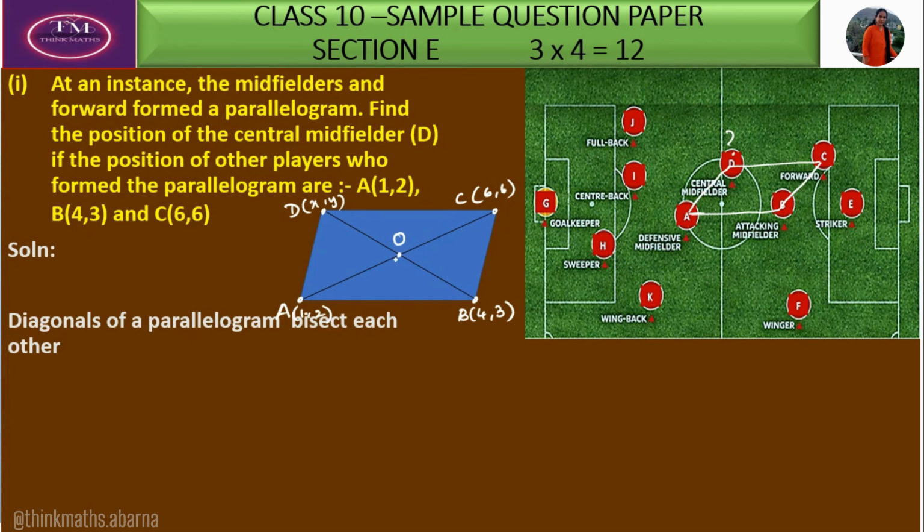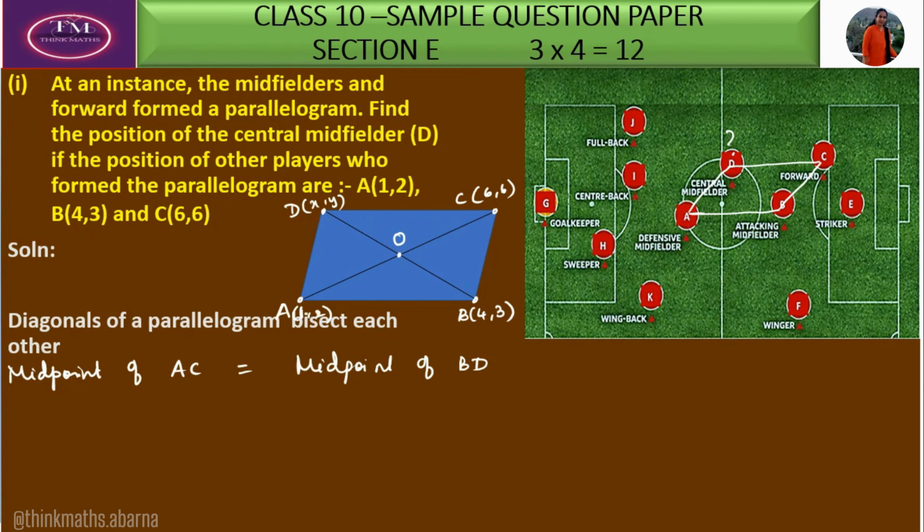This midpoint will be same for AC as well as for BD. So midpoint of AC and midpoint of BD will be equal. If you equate this, midpoint of AC is equal to midpoint of BD. With this equation, we can find out the value of x and y.